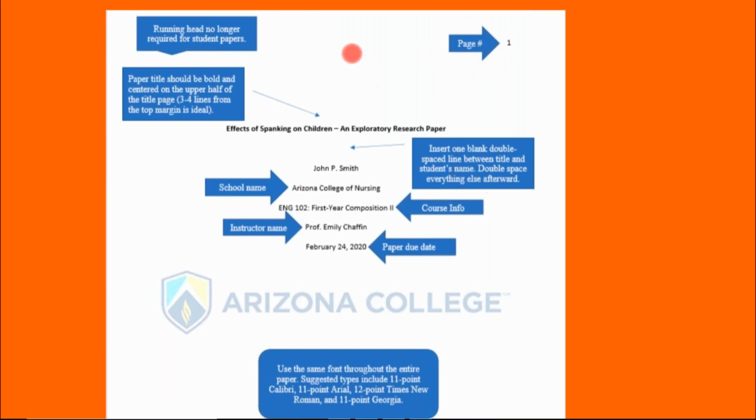And you also are going to have your paper title listed here. So it's going to be in bold, should be centered on the upper half of the title page. You're going to hit enter 3 to 4 times from the top. And then you're going to hit enter. There's a little bit of an extra space here. Then you're going to type your name, the name of the school, the course information, the professor's name, and then the paper due date itself.